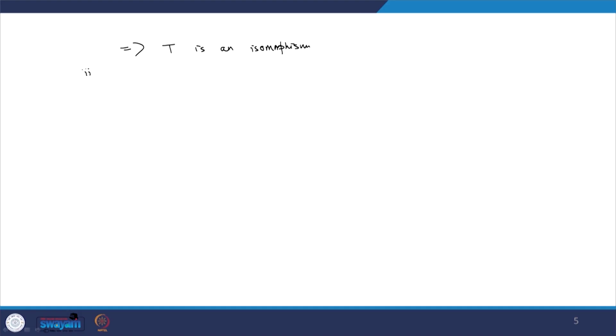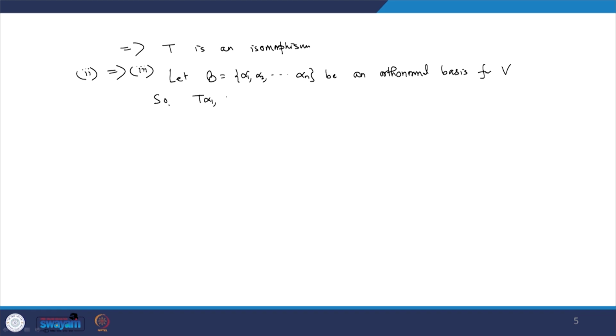Now, let us prove how 2 implies 3. Given to us that T is an isomorphism, so it also preserves inner products. I have to show that it carries an orthonormal basis for V onto an orthonormal basis for W. So, let B equal to alpha 1, alpha 2, up to alpha n be an orthonormal basis for V. So, T alpha 1, T alpha 2, up to T alpha n will be a basis for W, because since T is 1-1, we know that T carries a linearly independent set to a linearly independent set.